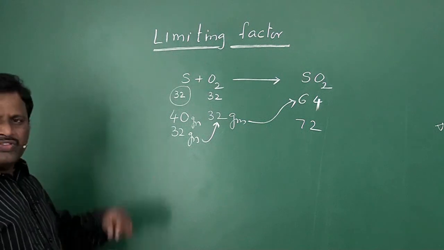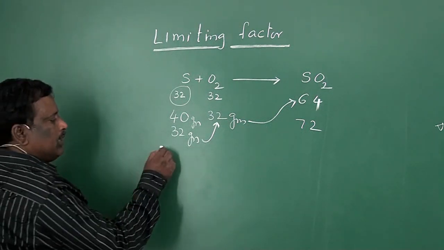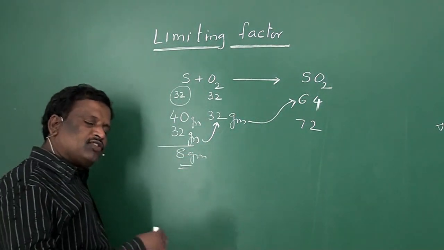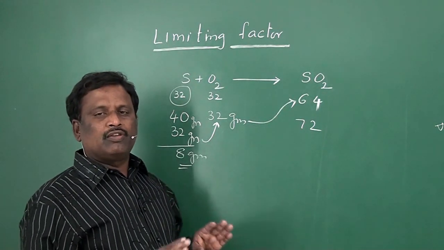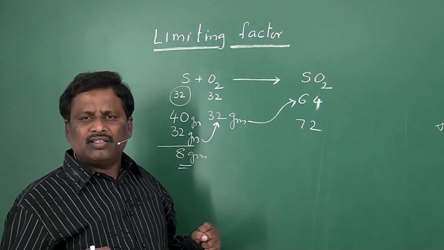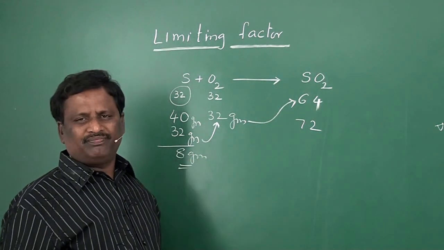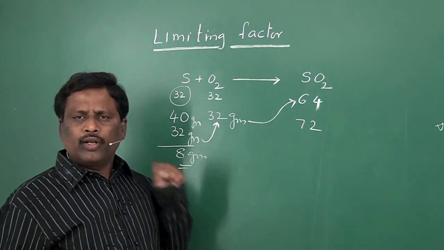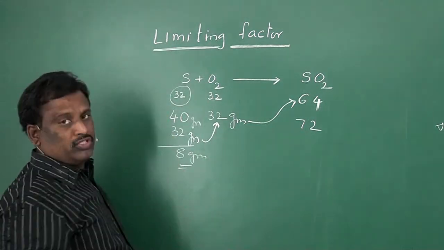Then what about the rest of the sulfur? Here we have taken 40 grams. This 8 grams which you have taken in excess will be left behind unreacted. So what leads to non-reaction of this sulfur? The reason is only one thing: 32 grams of sulfur requires 32 grams of oxygen.